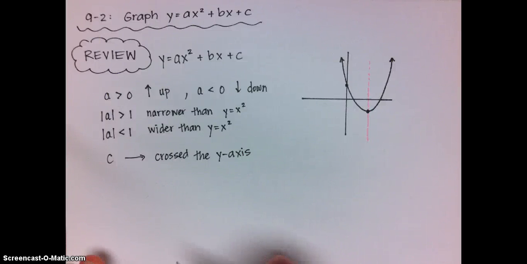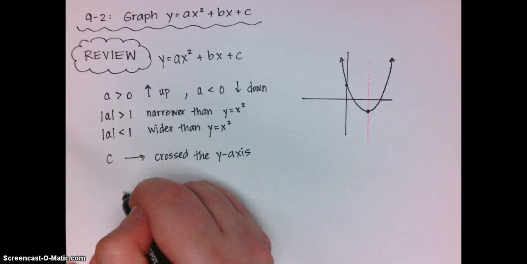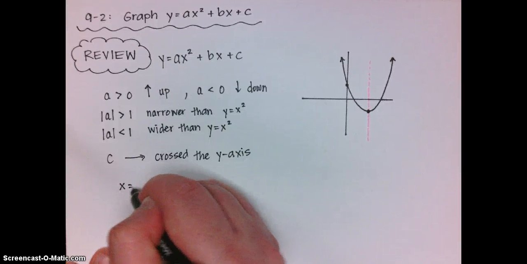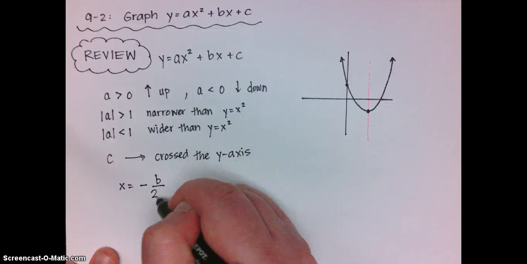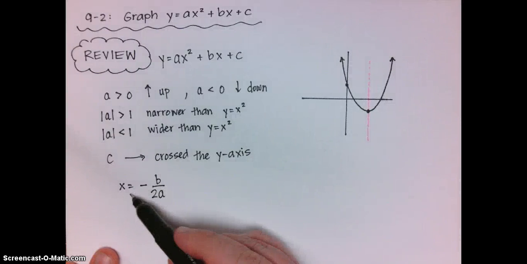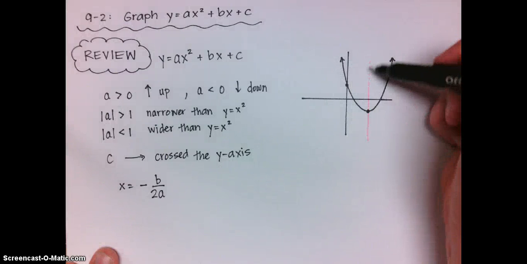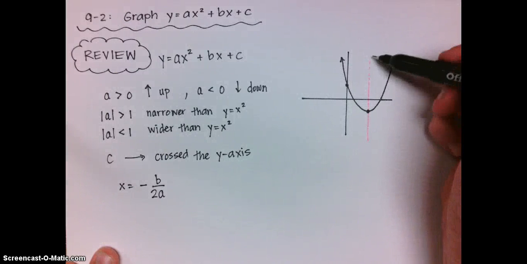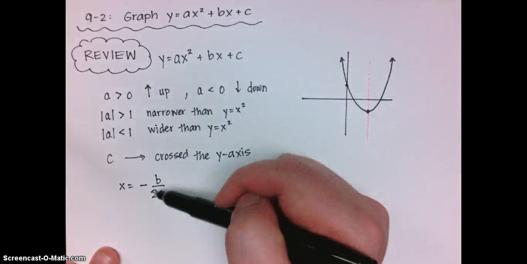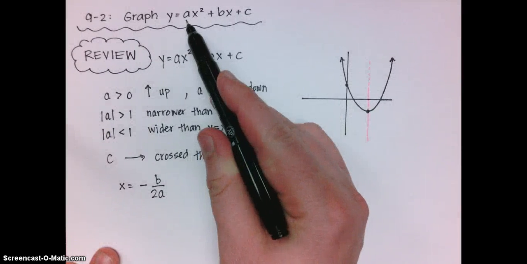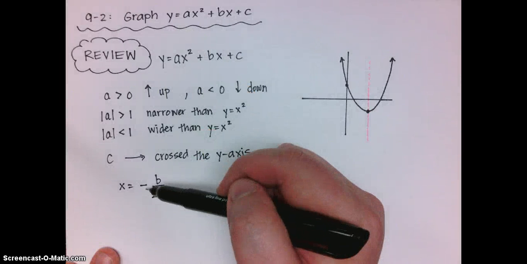Some of the information that we can use is this: x is equal to negative b divided by 2a. This is going to give me the equation of the line of the axis of symmetry, by plugging in the b value and dividing it by 2 times the a value and making it negative.